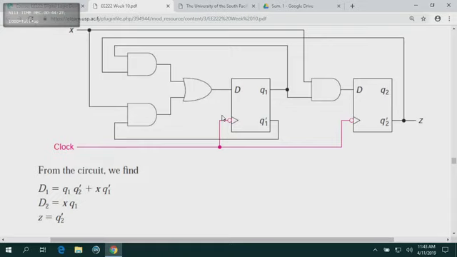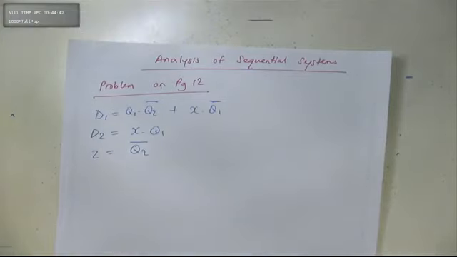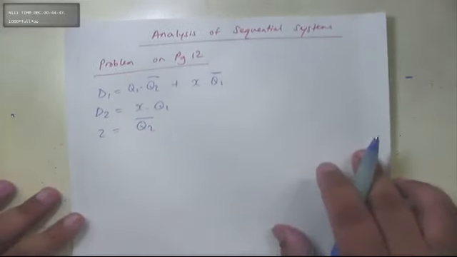Z is equal to Q2 bar. So we write down those equations. The next step, and there is going to be a slight problem, because we have learned to do everything using the clock, not bubble. So we'll just follow our own one.